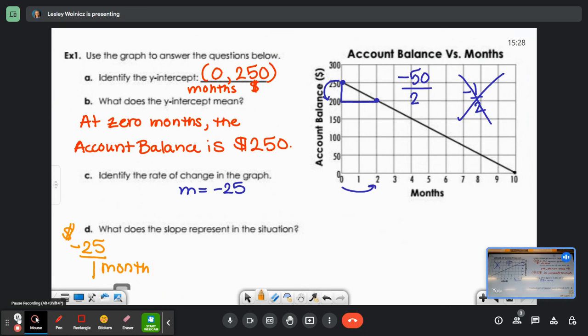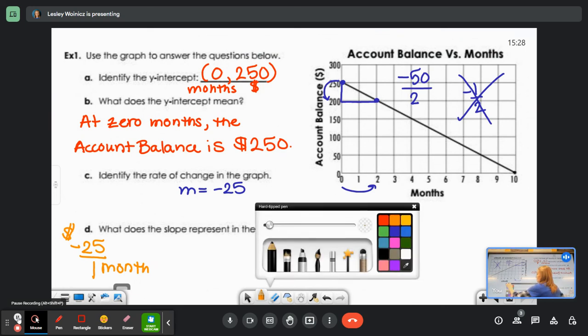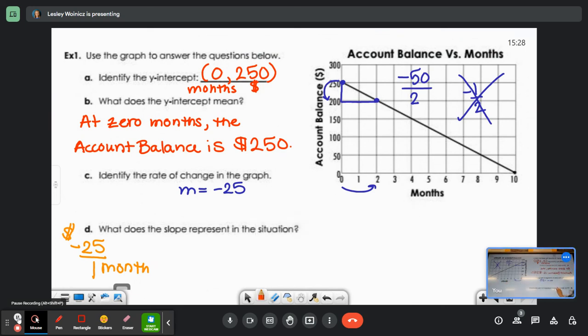So every 1 month, what happens? Yeah. So we need a lot of good words that mean negative, like leaving, loses, decreases, goes down, right? All of those words can tell me that something is negative, right? So we can just say something like, takes away the account balance.